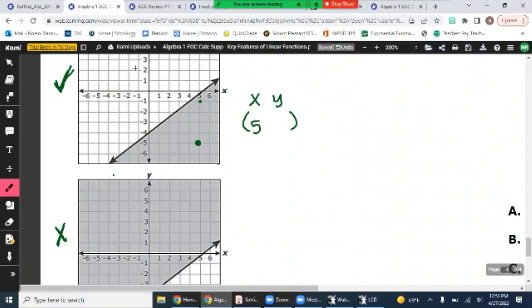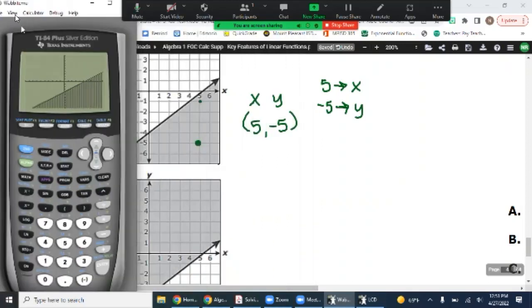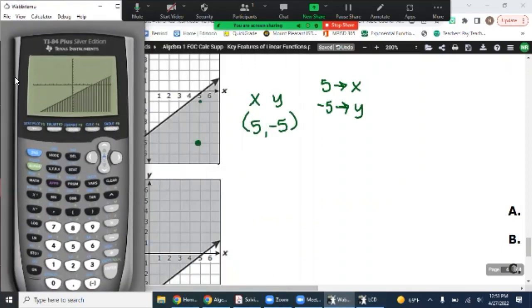5, -5. So what I'm gonna do from there is store the 5 for X, and store the -5 for Y. Yesterday, those of you that were in intervention, we practiced storing for Y. Does everybody know how to store for Y? It's alpha 1.